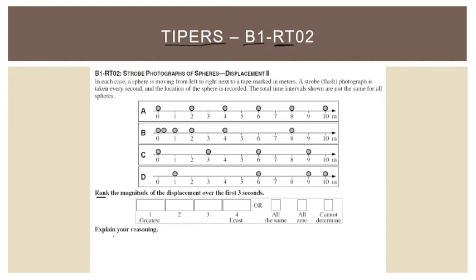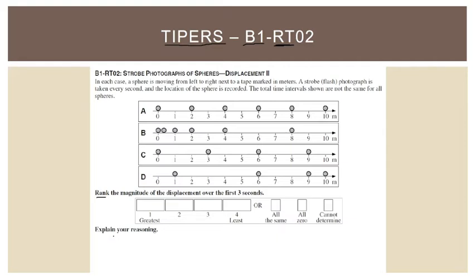This is a time in the period when I usually like to ask, looking at those diagrams, how do you know that that's true? How do you know that the time intervals shown are not the same for all the spheres? And if you notice, you could figure that out by the number of dots.